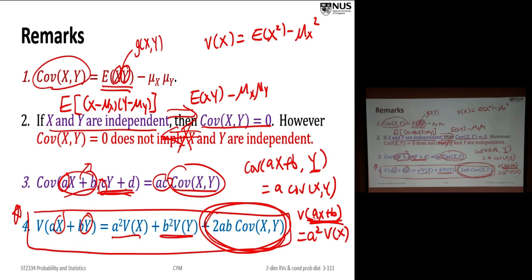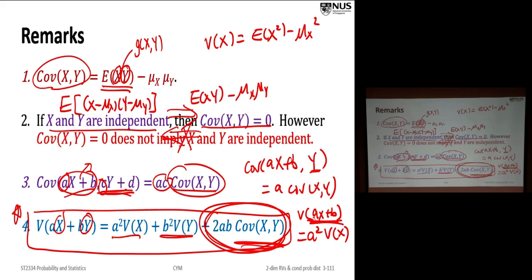So in other words, the behavior of this new random variable, ax plus by, consists of a part related to the variance of x and a part related to the variance of y. On top, there is an extra term, which is how x and y are related, how xy jointly behaves, the variation. So you need to have this covariance of xy.